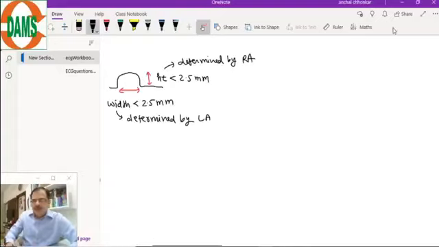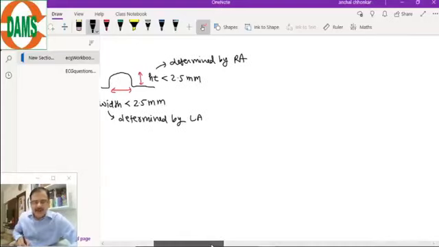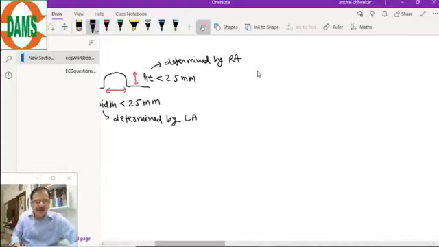So let us understand why height is determined by the right atria and why the width is determined by the left atria. The reason is, if we see a vertical plane of the atria because of their anatomical positions, and we all know from yesterday's lecture that the vector of lead 2 is like this. This is the lead 2 vector.